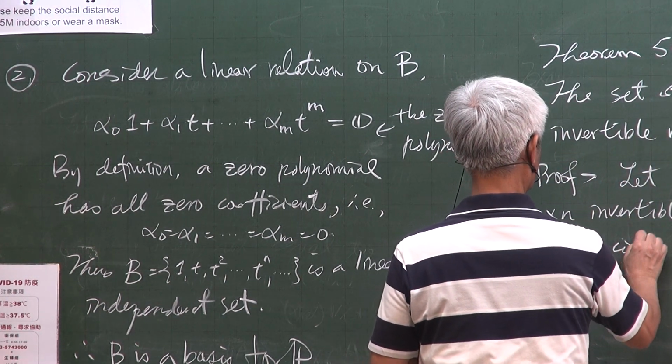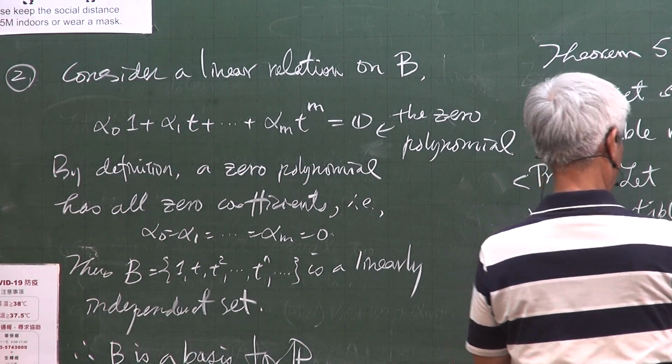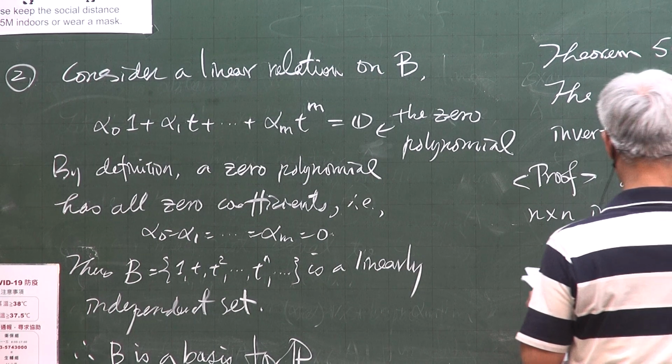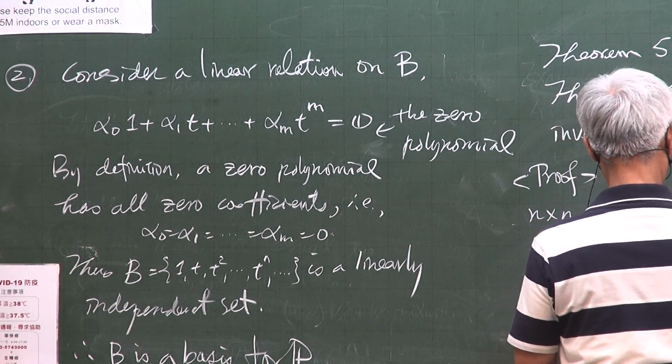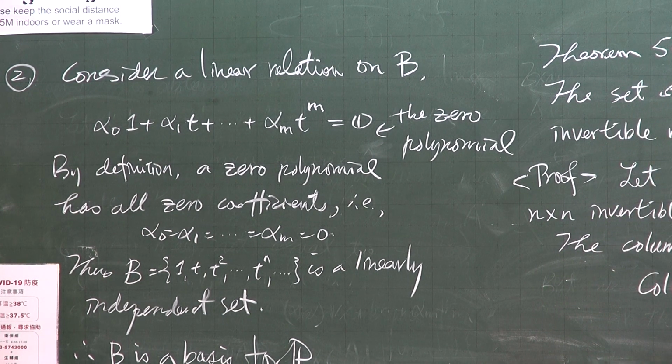The column space of A is just the span of the columns, and of course that is a subspace of Rⁿ, because it's a span of all columns of A.